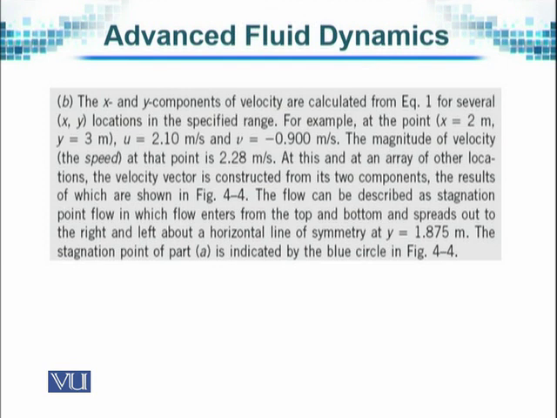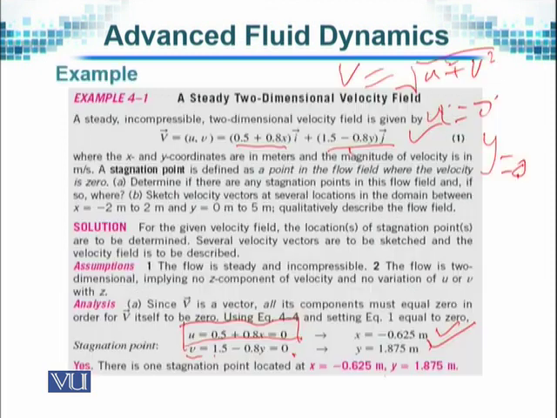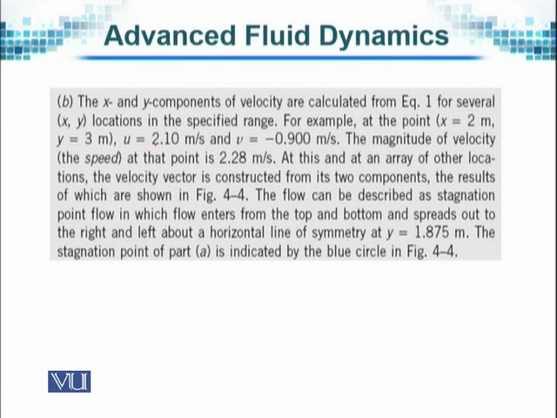Then we come to the second part. The x and y components of velocity are calculated for several locations. When we plot a graph, we give different values to x and y, and we will have different values of velocity. In this way we can have several points which can be plotted on graph paper, and then the dots that we place can be connected.